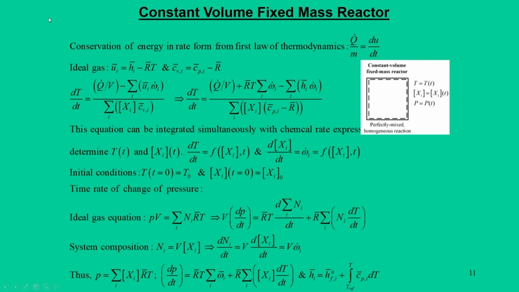So, here we recall the same equation, q dot by m is equal to du by dt, and since it is a constant volume situation, we can recall that internal energy and enthalpy can be related through the ideal gas equation. Also we have the Cp and Cv relation in terms of the universal gas constant.